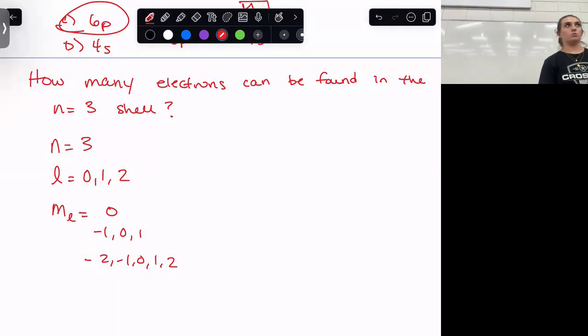How many total orbitals do we have? Nine. Right, we have 5 here, 3 here, 1 here.